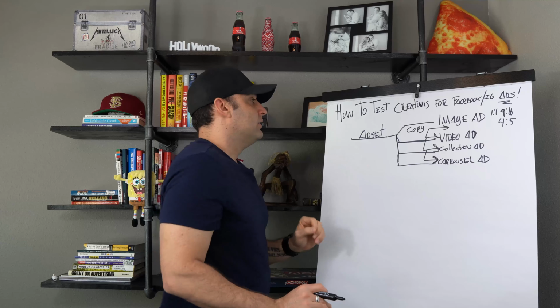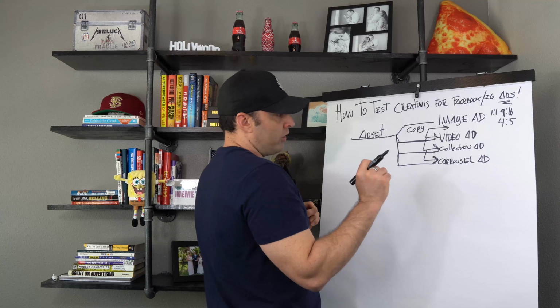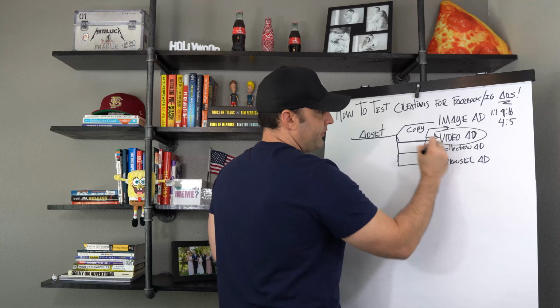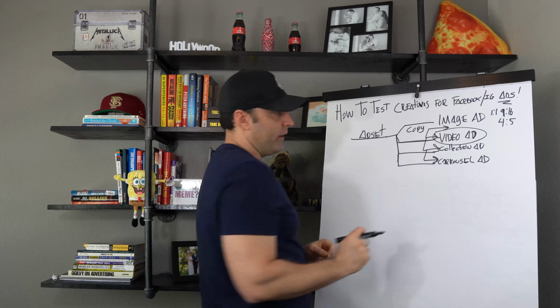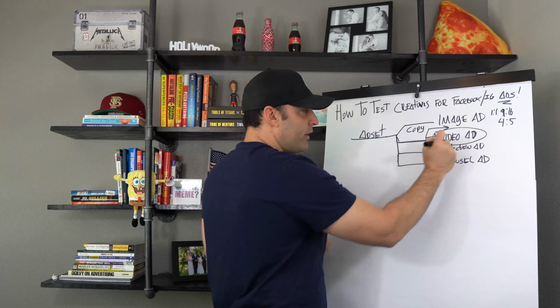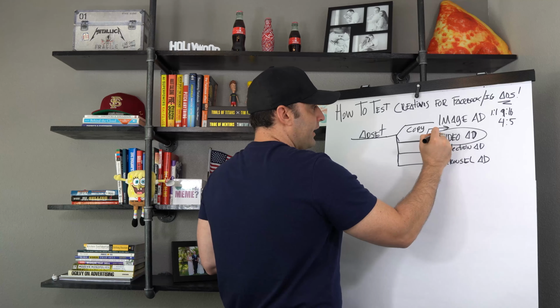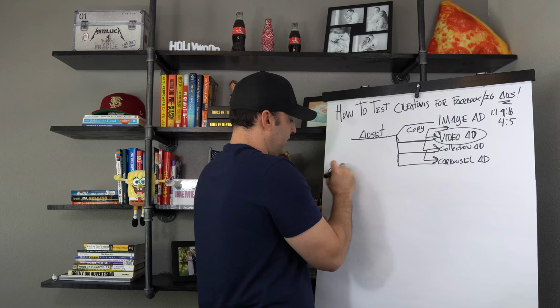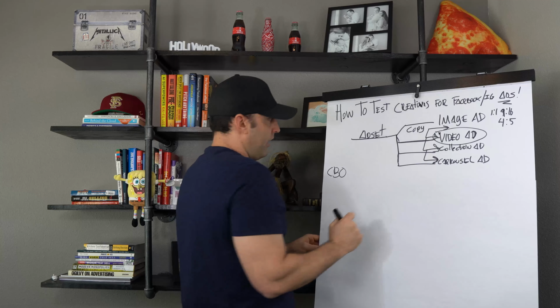All right, so let's say our video ad does the best out of all of these. So now we know this is the winner. So I'm going to grab that video ad and duplicate it onto its own CBO campaign, okay?